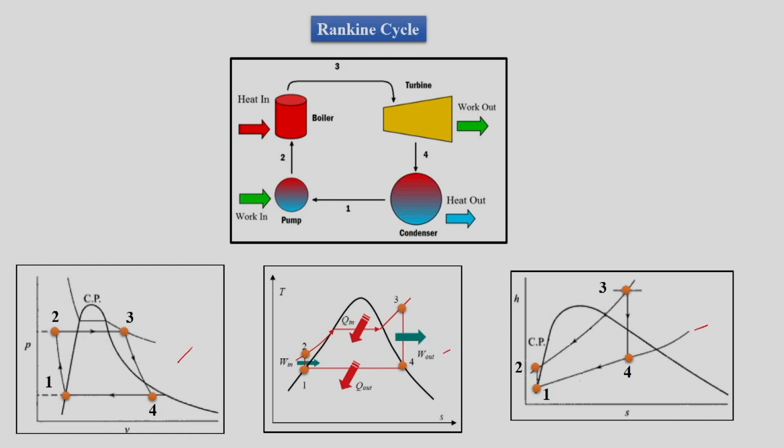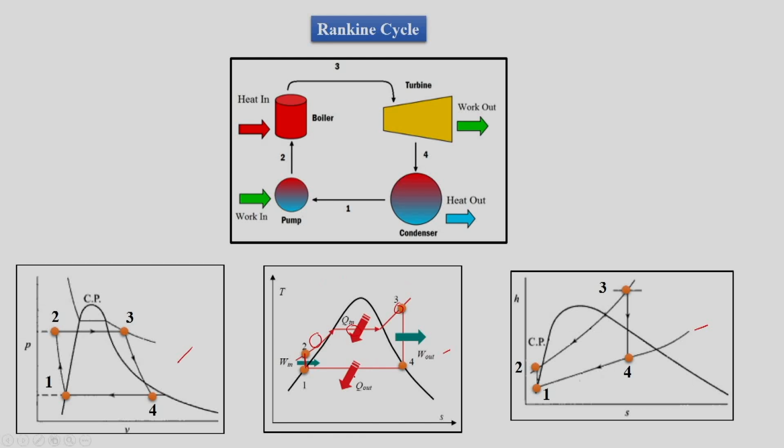As per this diagram, 1 to 2 is liquid, 2 to 3 is liquid plus vapor in some part and vapor in other part, 3 to 4 is complete vapor, and then 4 to 1 is liquid plus vapor.